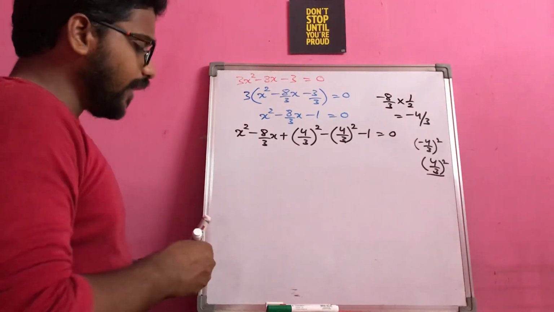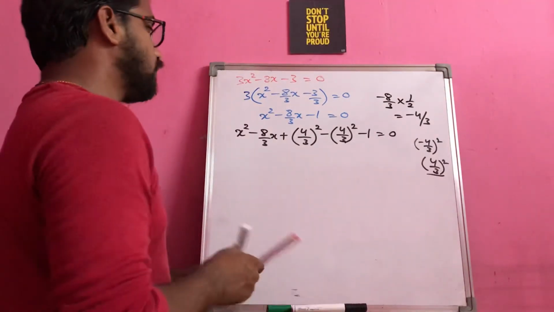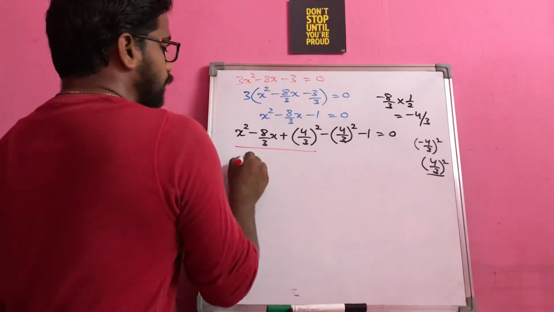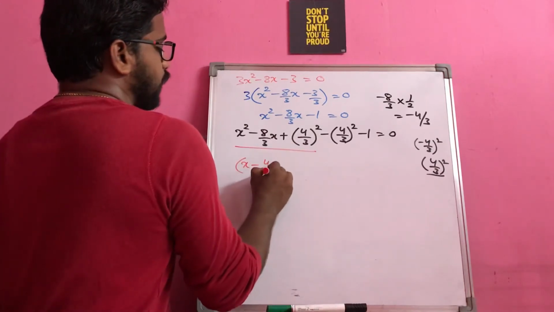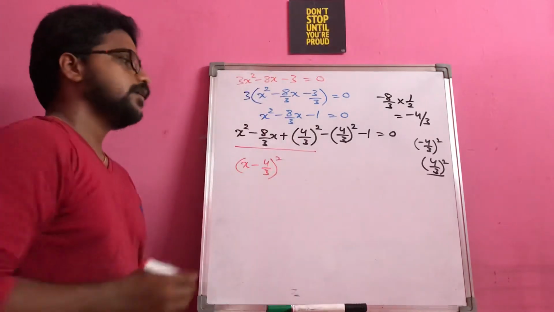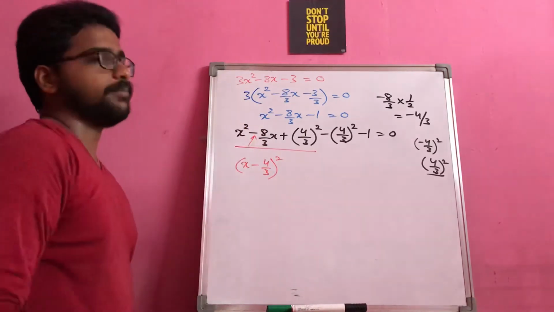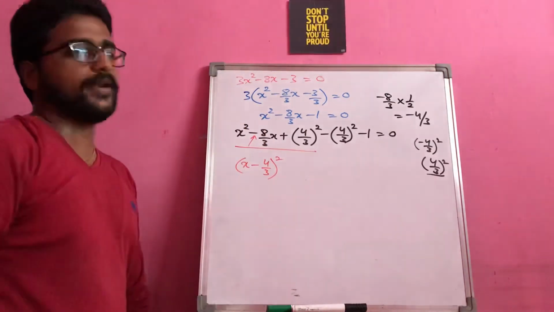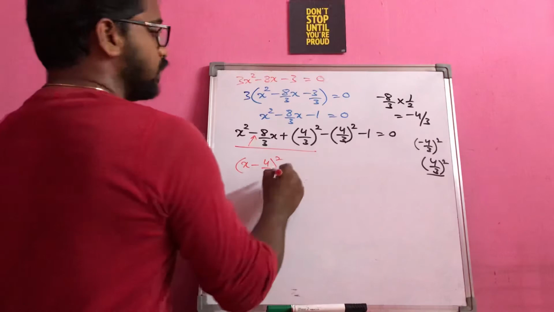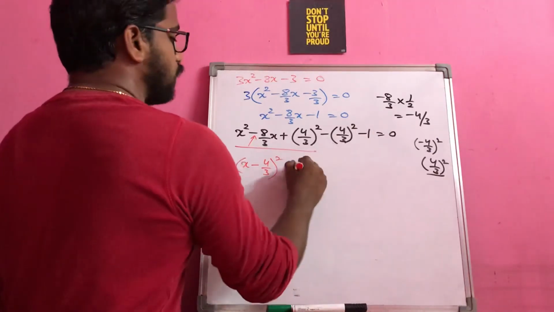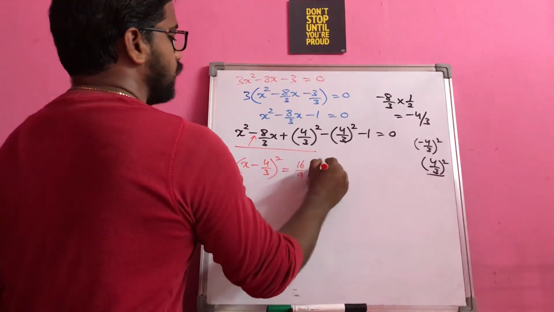So again observe here, the first three terms will help me to make use of the identity (x − 4/3)², because for the simple reason this is a minus, so I have to go for the (a − b)² identity. As I suggested, take these terms to the other side, it will help you to get the correct answer.